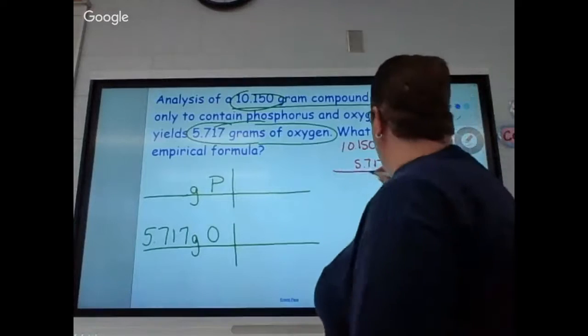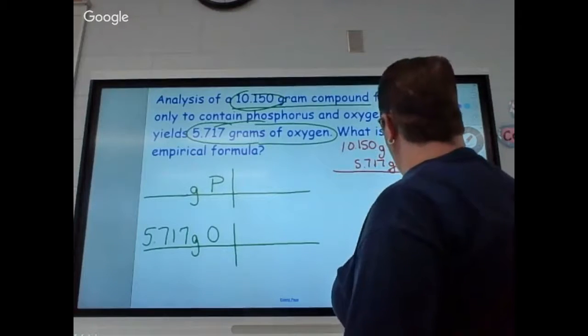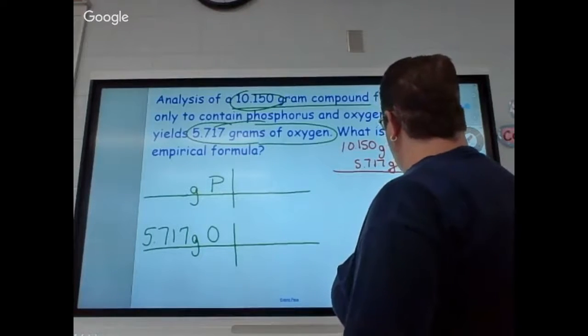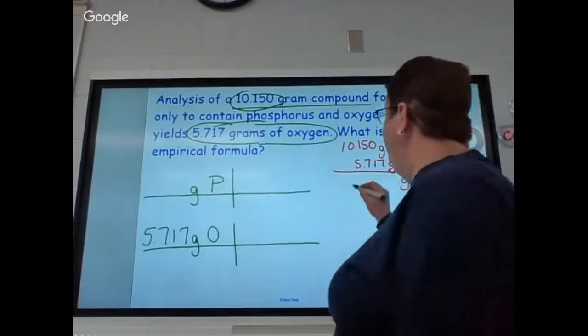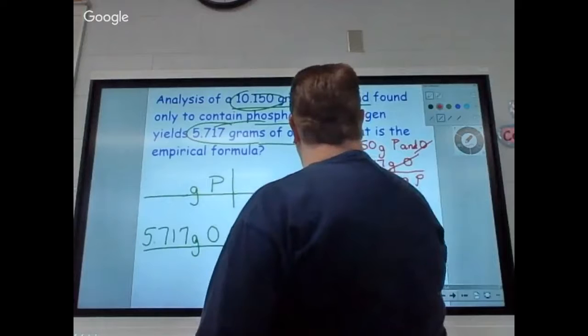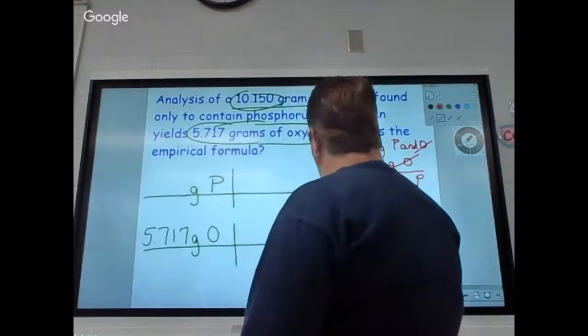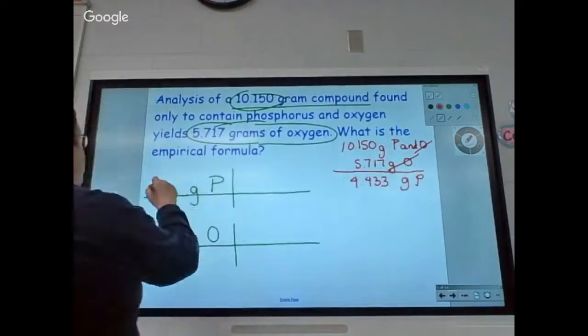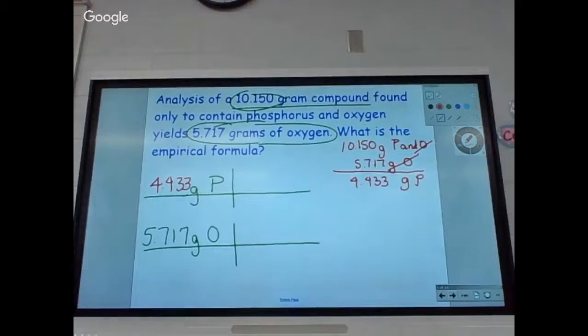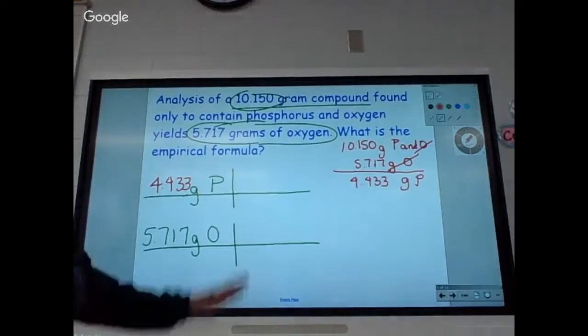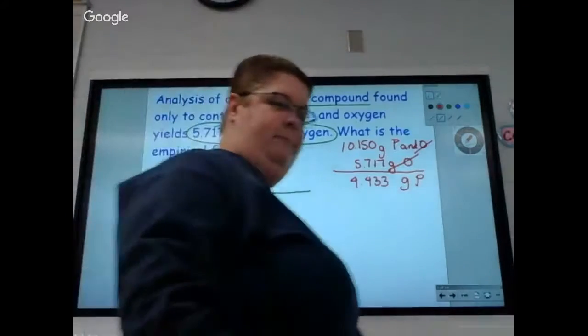And you'll get grams of just P. Did somebody already do that for me? 4.433. All right, so that will go there. Now, you solve and get my empirical formula.